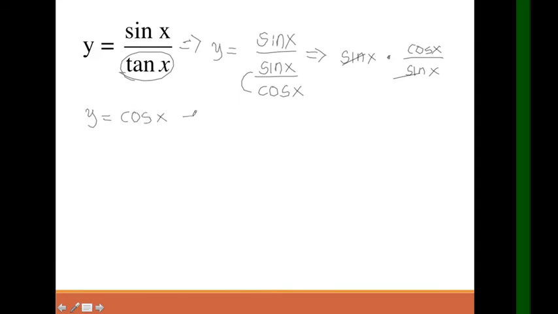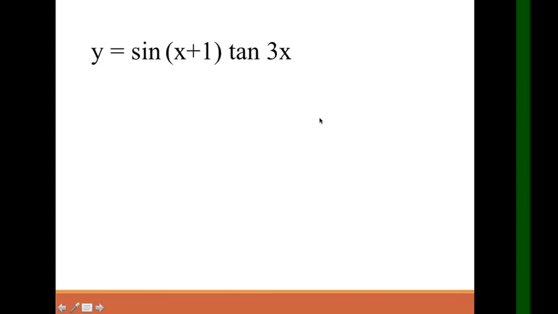For this portion, na-simplify na natin siya, my dear students. So, going back to the derivative of cosine function, ano yung derivative ni cosine ngayon? That is negative sine, right? So, therefore, the derivative of y is equal to negative sine x. Clear?